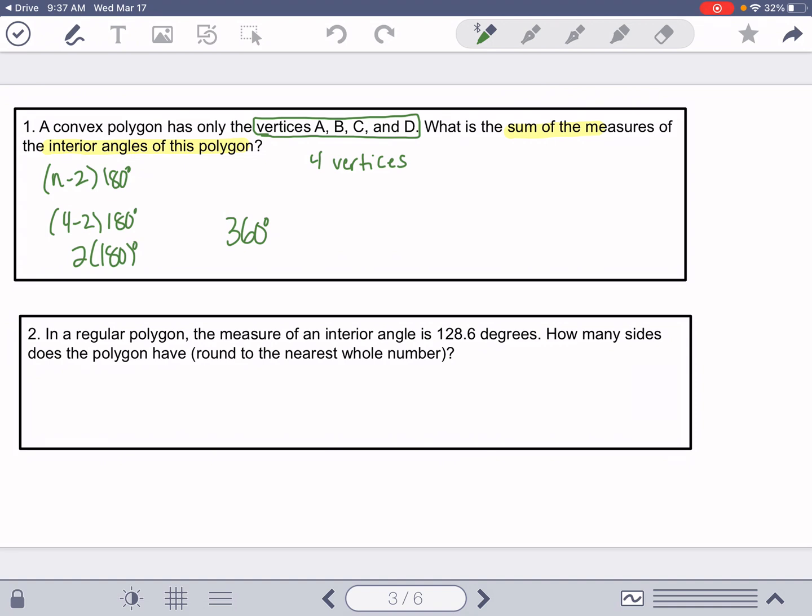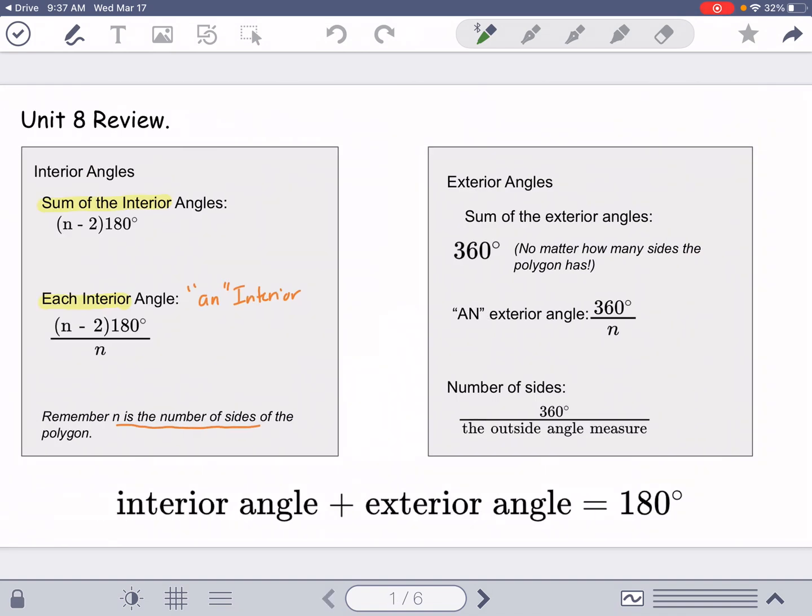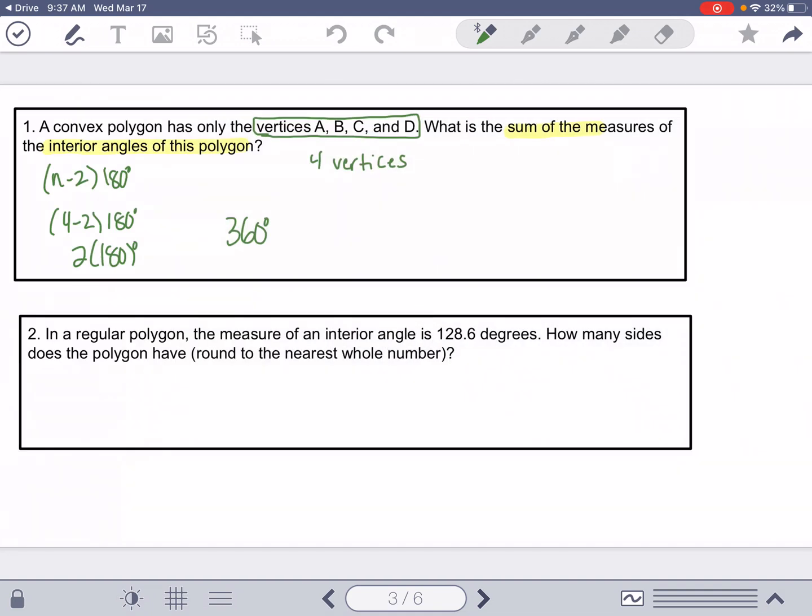So I can do this a couple of different ways. If I look back at my formulas, I'll see that n minus 2 times 180 divided by n gives me an interior angle. So let's go over here. N minus 2 times 180 divided by n gives me that interior angle.